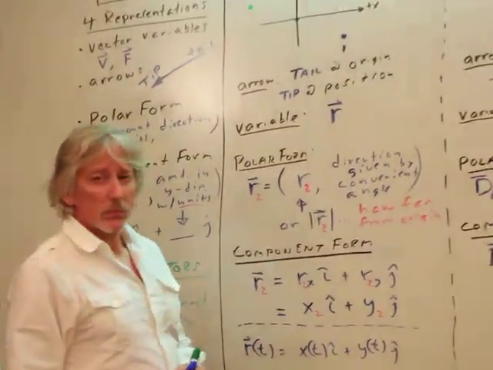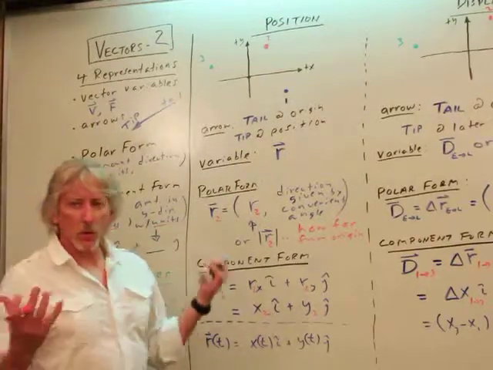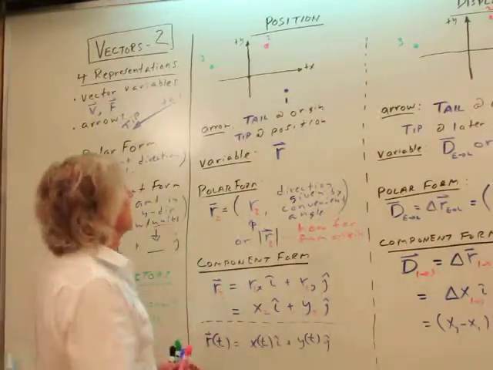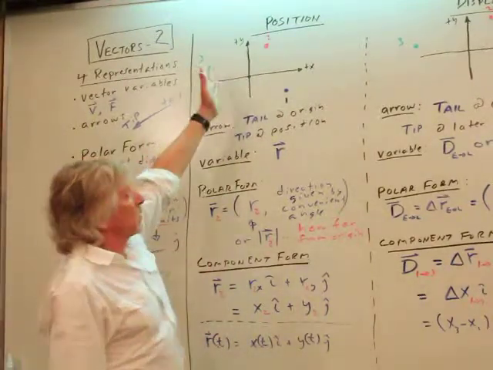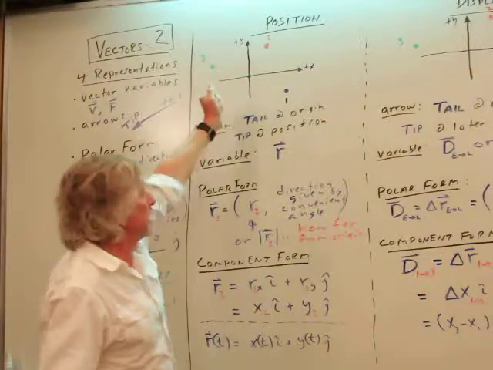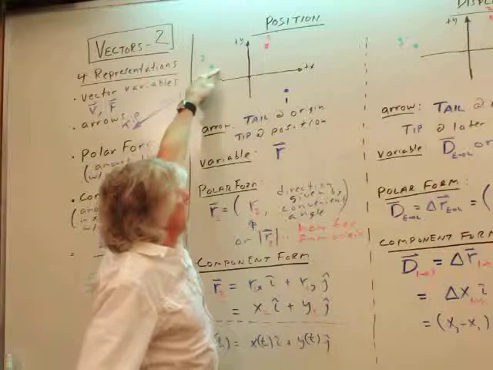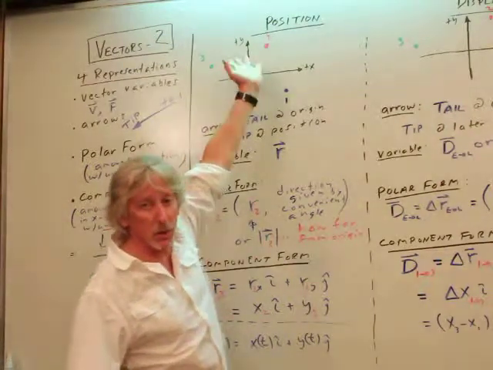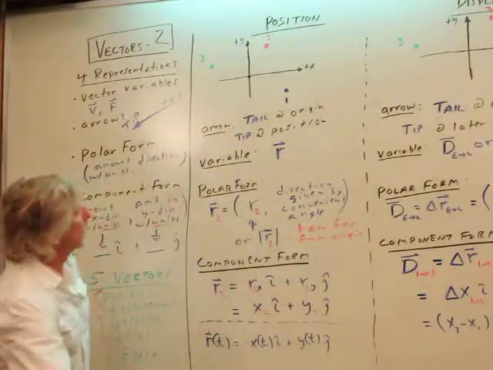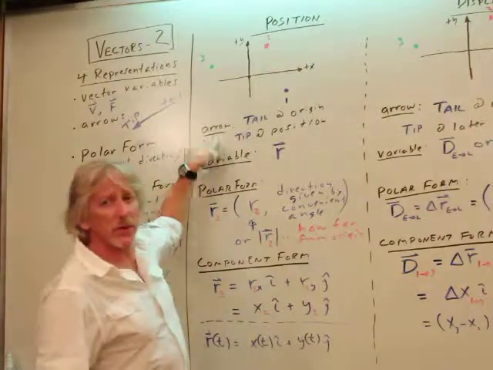All right. So position, and of course we're only doing 2D for starters. So position, we've got some coordinates, x and y, we'll talk about that next time. Maybe position 1, position 2, position 3, I'm not sure what the path is, I can get there in many ways, right? Okay, so how do I draw a position vector?